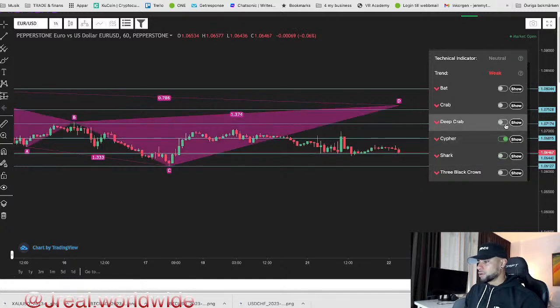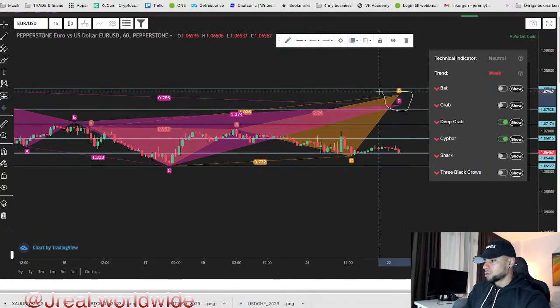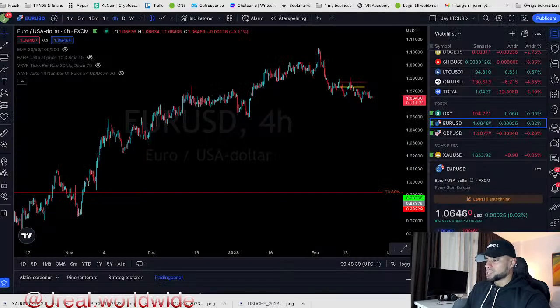All right, so the harmonic cipher pattern and the harmonic deep crab pattern are both pointing towards a zone that is between 1.0760 and 1.0790. 1.0760 and 1.0790.